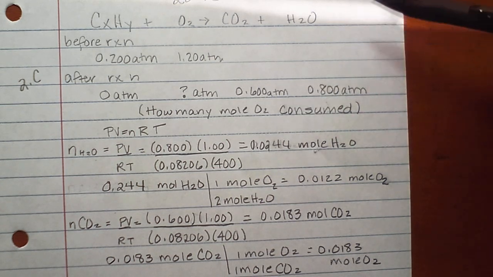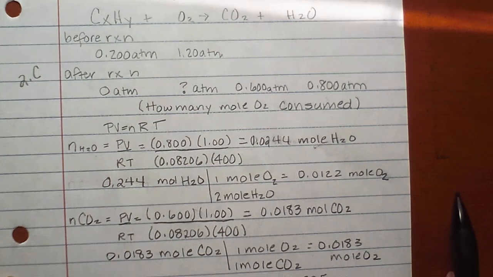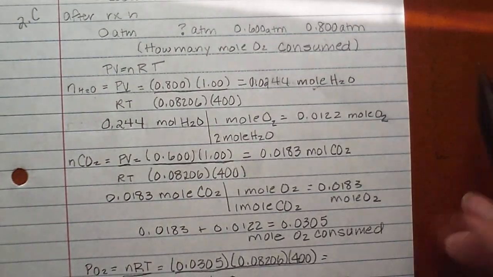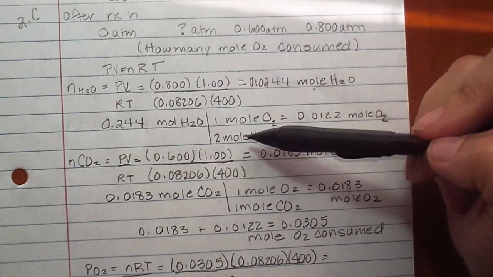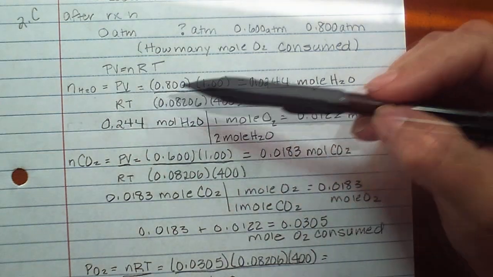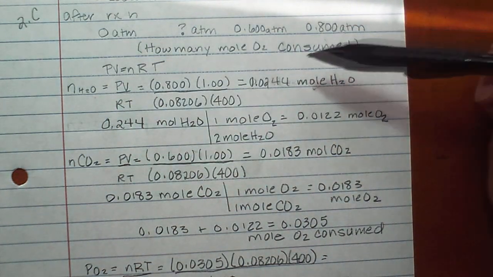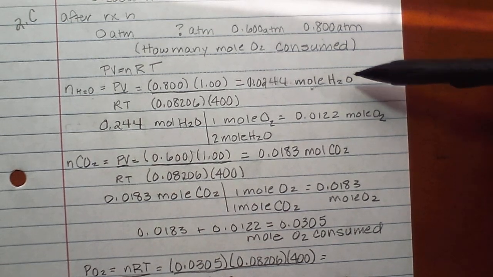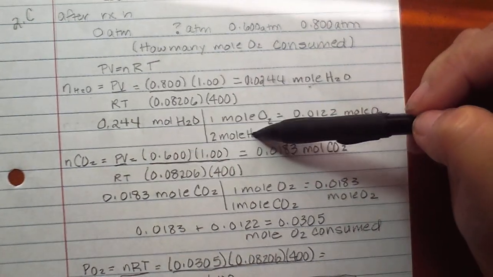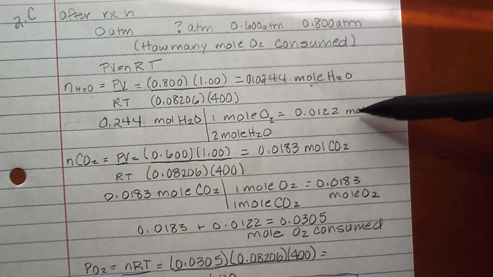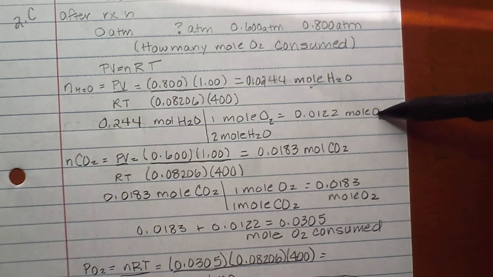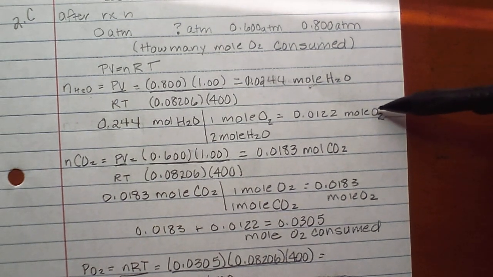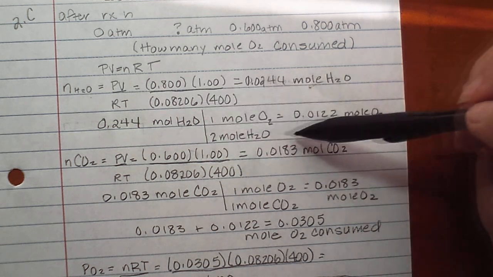So follow me here. I took the pressure of the water, the 0.8, and found out how many moles of water that was. Then, using the moles of water, I found out how many moles of O2 it took to make that many moles of water.